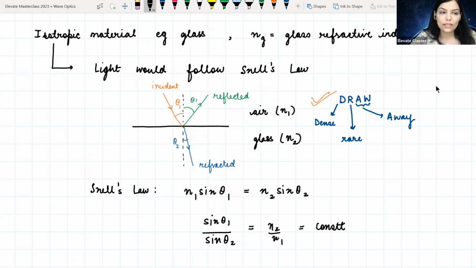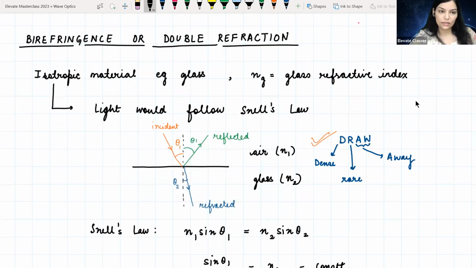But when we discuss an anisotropic material, then this Snell's law would not hold true. Currently I only want to deal with an anisotropy in the optical properties of the material. I'll forget all the other properties. I just want to consider a material which has some anisotropy in its optical properties.